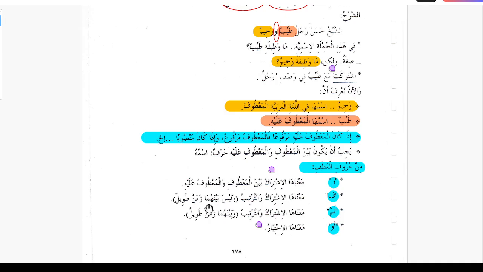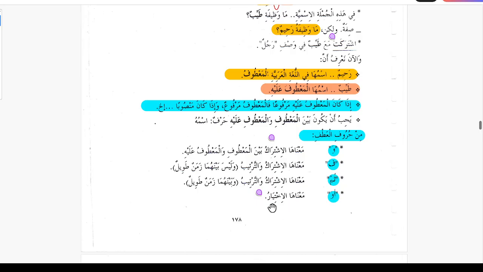But the important thing is laisa bainahuma zamnun. When there is not a long time between the incidents, then we use fa. If there is a long time, then we use summa. So summa is also for joining the words or the incidents and the arrangement, but there should be a long time between them.